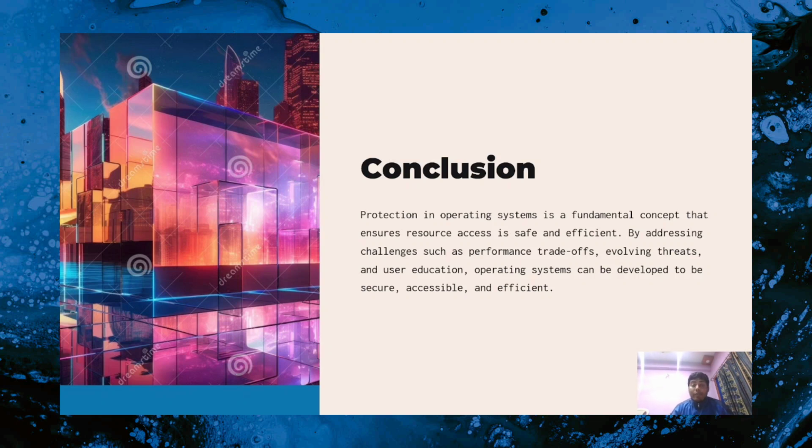While implementing protection mechanisms can be challenging, their role in creating trustworthy digital systems is indispensable. As technology advances, so must our protection strategies, balancing security, performance, and usability. By doing so, we can build systems that empower innovation while keeping users safe.